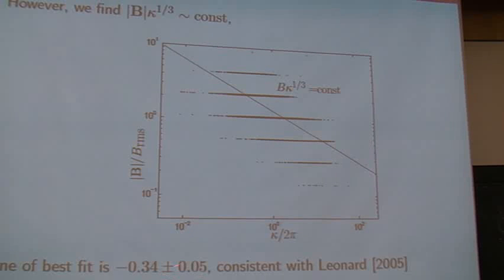It's actually not too bad, maybe 10%. And this scaling of b kappa to the third was also shown analytically and numerically by Leonard with the ABC flow, and he just considered passive lines, but stretching in a very similar manner to what we get.